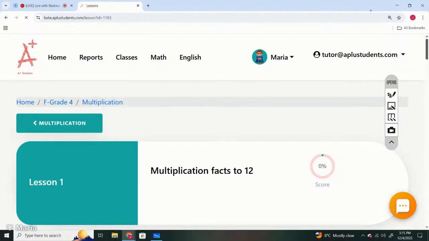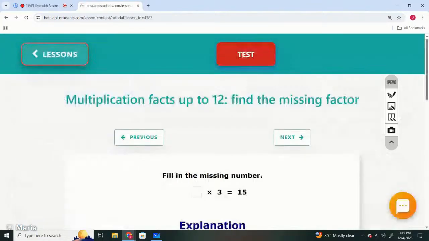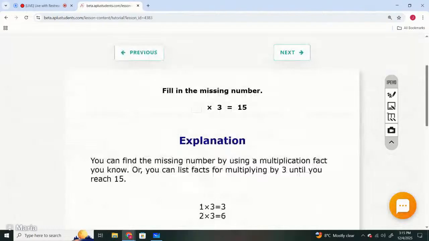The next lesson is multiplication facts up to 12. Find the missing factor. Fill in the missing number. So what number times 3 is 15? We need to find a number that when multiplied by 3 makes 15.